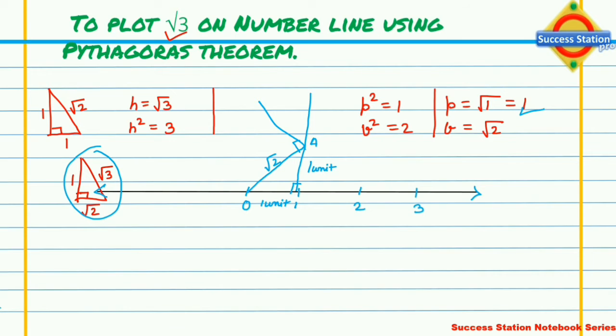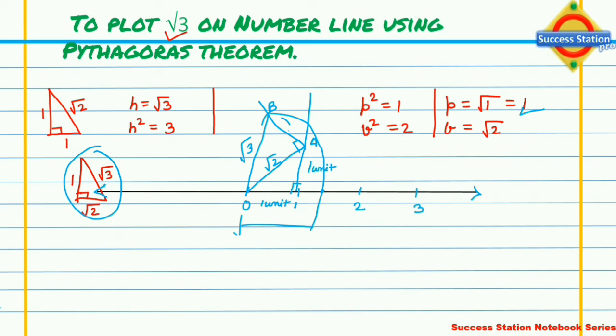It's not actually looking perpendicular, but we'll draw with the help of a protractor, so it will be correct. So this we take as 1 unit only because the perpendicular was 1. Now if we join, we get the base and the perpendicular of the right angle triangle. Hypotenuse is this. So this is what? Root 3. Right?